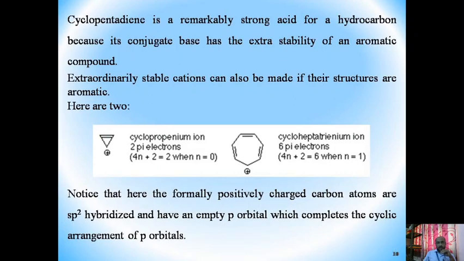If we apply Huckel's rule, that means 4n plus 2 equals 6 where n equals 1. Notice that here the formally positively charged carbon atom is sp2 hybridized and has an empty p orbital which completes the cyclic arrangement of p orbitals.